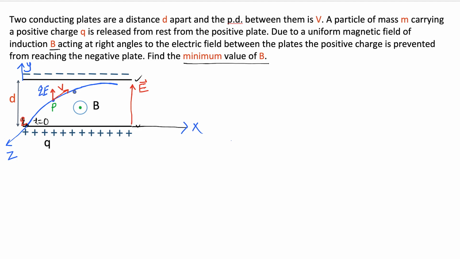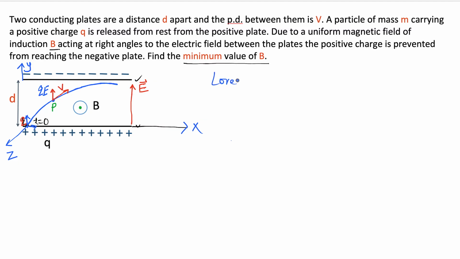Now, there is a B which is out of the paper. As it starts moving, let's say it acquires initially a velocity in the positive y direction, but the moment it acquires a velocity, there will be a force which acts immediately in this direction using the Lorentz force.